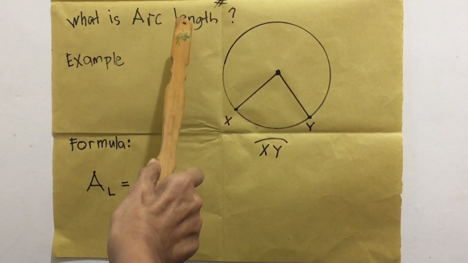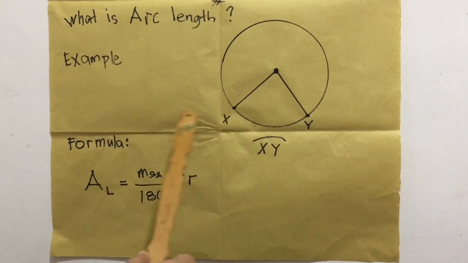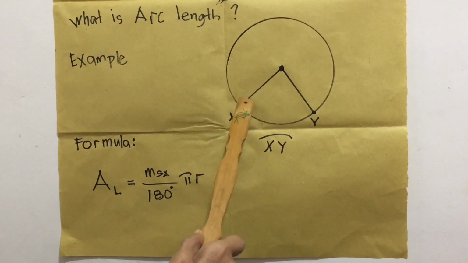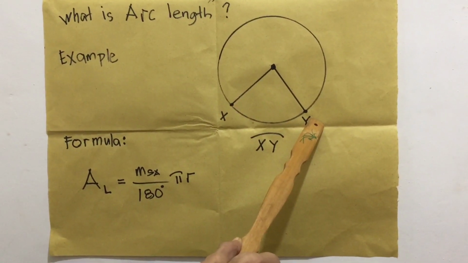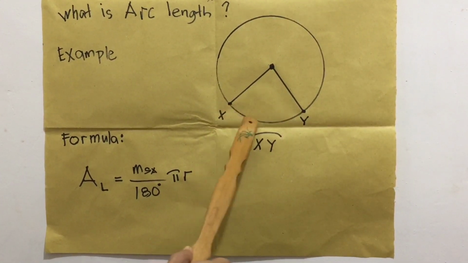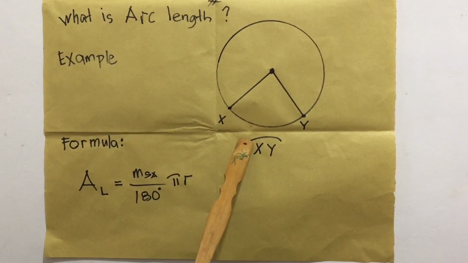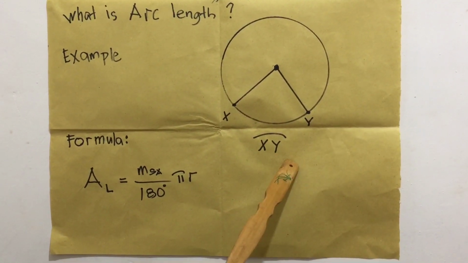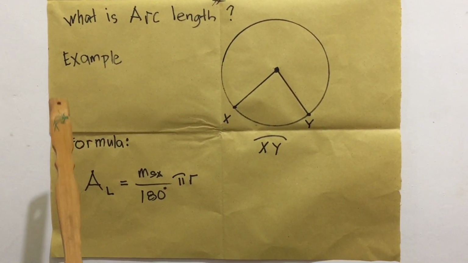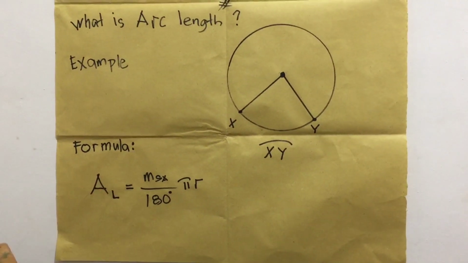What is arc length? Yung arc length ay ang distance from x to y. So the distance here, ito po ang tinatawag na arc length. Sa symbol natin pagsulat is arc xy. So to find the arc length, ang measurement niya ay kailangan tayong gumamit ng formula.